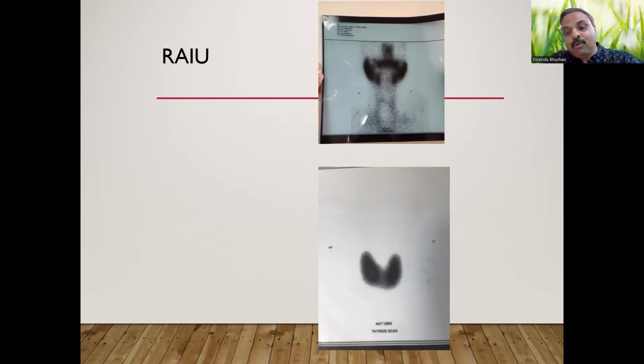While in the below picture, you can see the thyroid gland takes up the whole of the iodine. So this is Graves' disease. They take up the whole of the iodine such that even the salivary glands take no iodine. The thyroid gland is so hyperactive that it concentrates all the iodine. So the above picture is suggestive of thyroiditis and the lower picture is suggestive of Graves' disease.